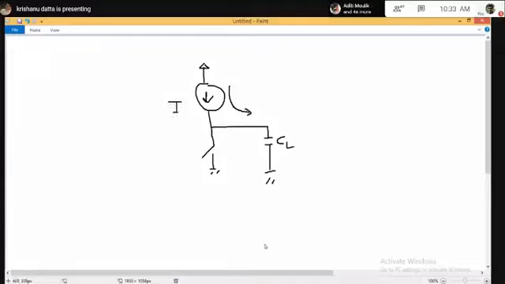So let's give the name of the current IAV. Now, all of you know the current through a capacitance from your secondary or high secondary physics, right? So I equals C dV/dt.